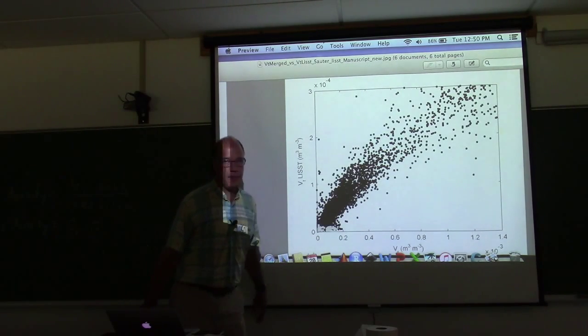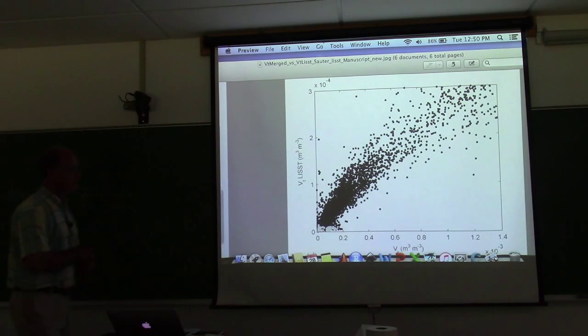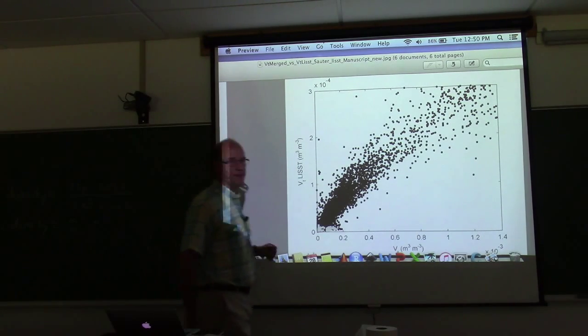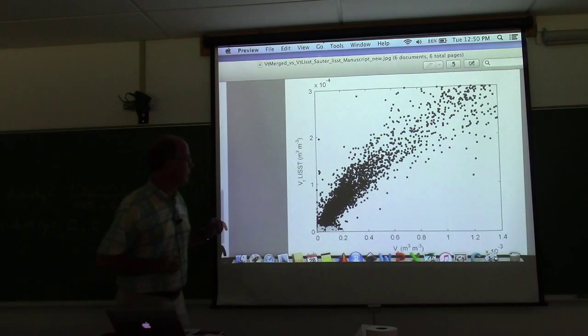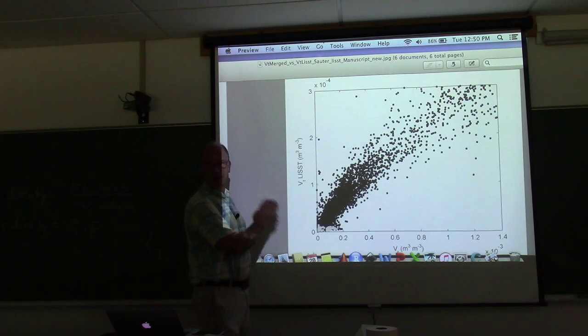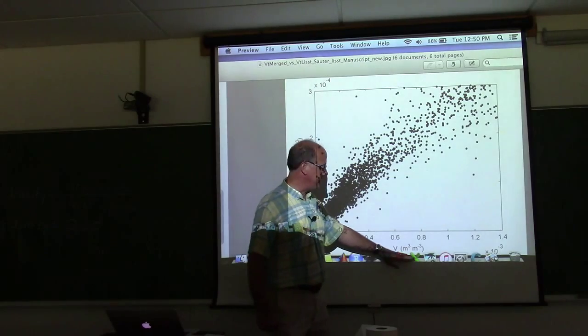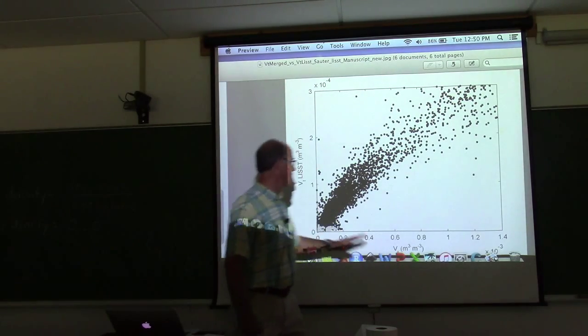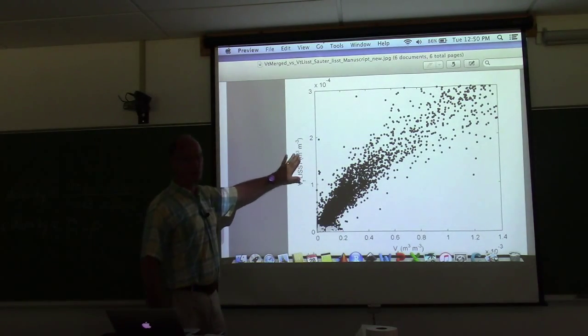Okay, so you remember that terrible figure we were looking at? There were some fouling problems that hadn't been corrected for in looking at total volume from the camera and the LISST versus volume just from the LISST. Okay, so that's what we have plotted here. Here's the total volume from the camera and the LISST, and here's the volume just from the LISST.